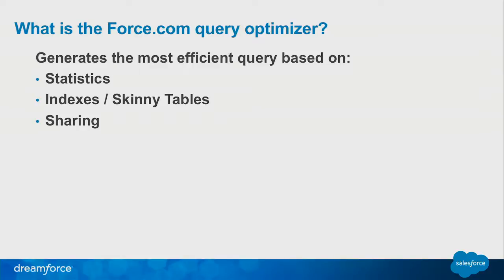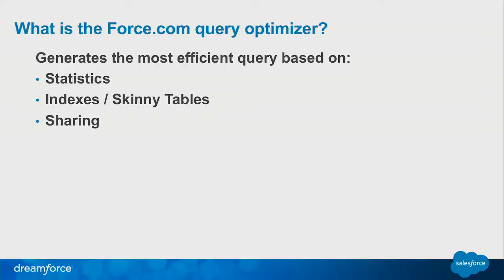The Query Optimizer is producing the most efficient query possible based on the inputs you provide. It's going to try to produce the most efficient one, but it's important that you provide filters that are selective. Give it some help.